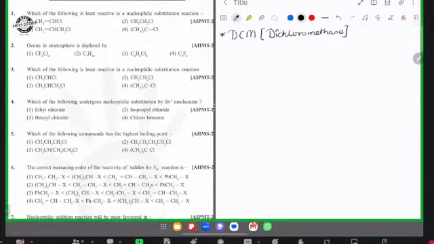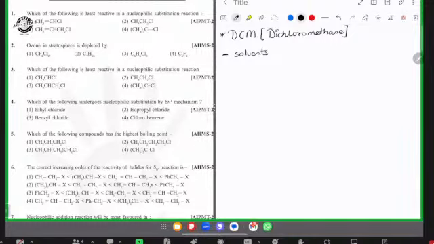It is used as a solvent, in paint remover, and in aerosols. You just have to keep one thing in mind, they are widely used as solvents. For any extraction process they use DCM.